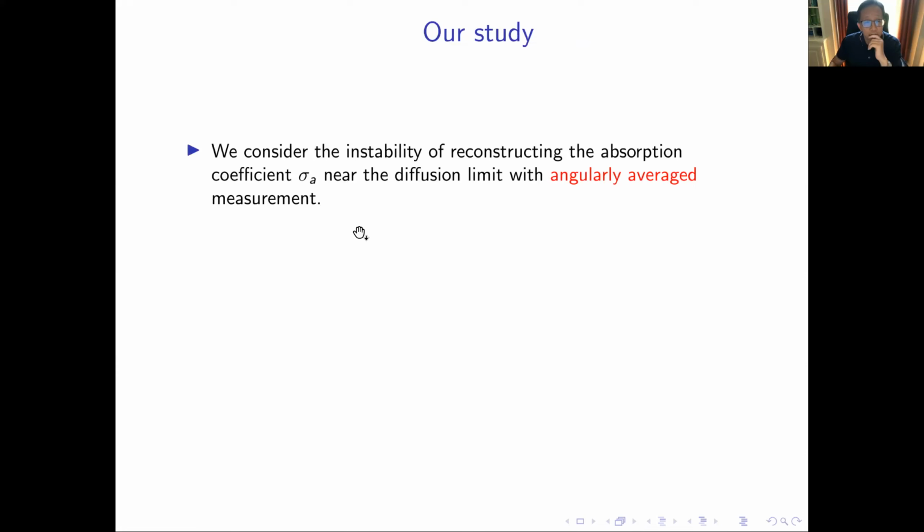So in our study, we try to emphasize instability for the angular averaged measurement, and also in the diffusion limit.